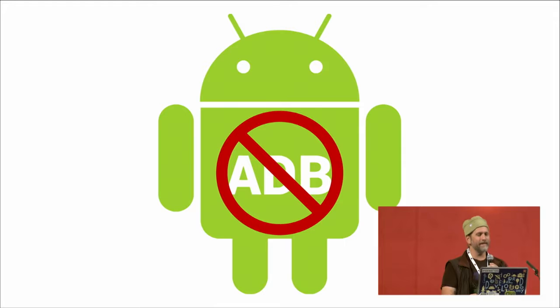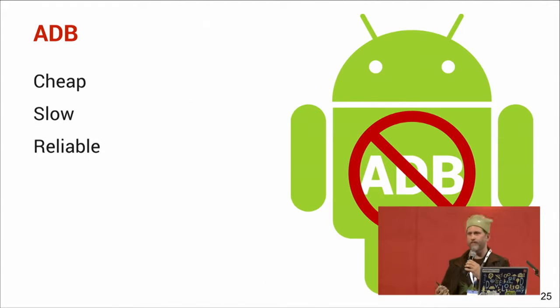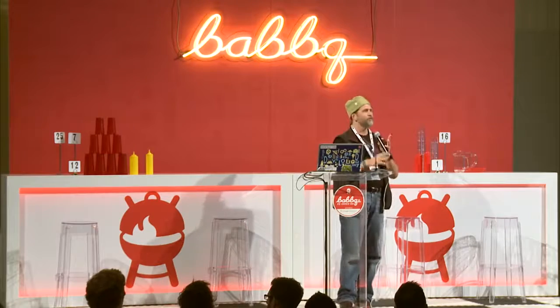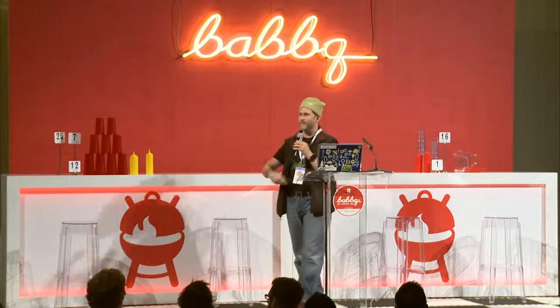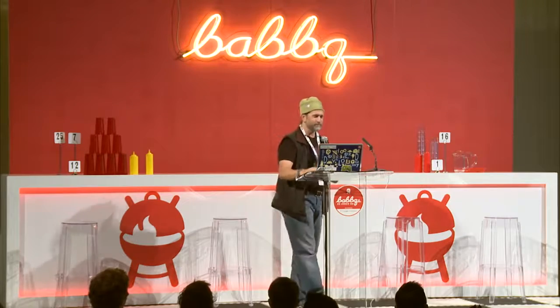Second, we get to avoid using ADB, which is really cool. Why? Because ADB was designed to be cheap, slow, and reliable, and it really manages to achieve two of those goals. Now, ADB is okay if you're using the GDB command line, which I know some of you are totally into. So if you're one of those people, just go back to your Emacs or whatever for a minute or two while I talk to everyone else.